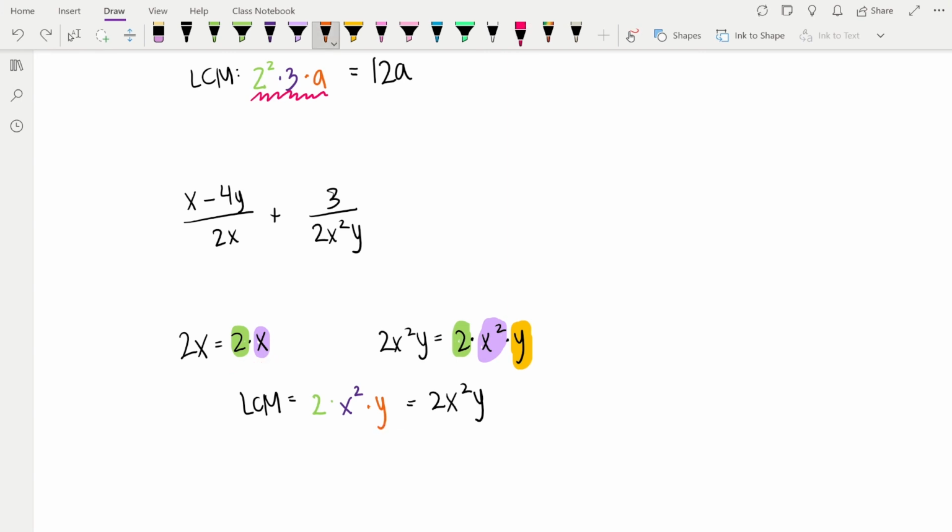So I should multiply this by y and this by y. And now looking at these and these, is there anything missing? There's actually nothing missing. I don't need to multiply that by anything. I am finished. This is what I would need to do to achieve having a common denominator.